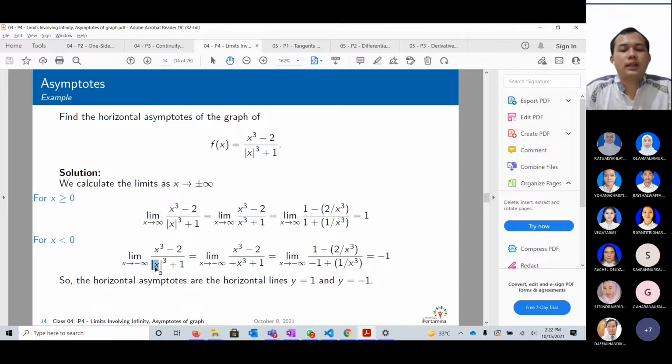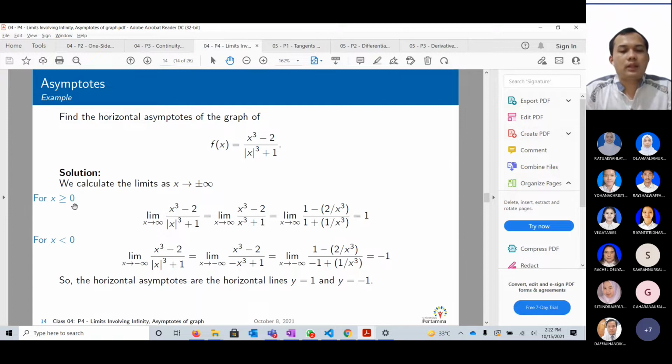So if we have minus x cubed, we have minus x here. And then we calculate the limit. Turns out that the value of the limit as x goes to minus infinity, because x is negative, is minus 1. So in this case, we have another asymptote, which is the line y equals minus 1.